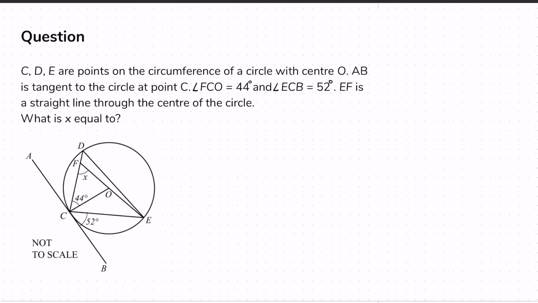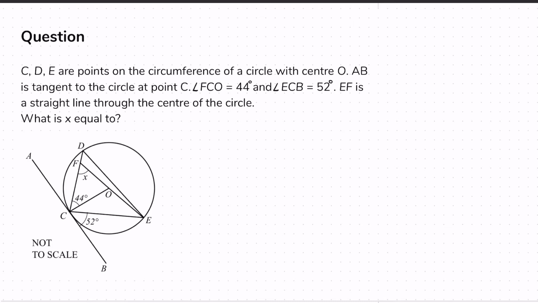In this next question, there's a lot going on, but we're going to walk through it step by step to see that it's actually pretty straightforward once you see the important bits of information. Okay, so what we have here is another question that relies, to begin with, on the alternate segment theorem.